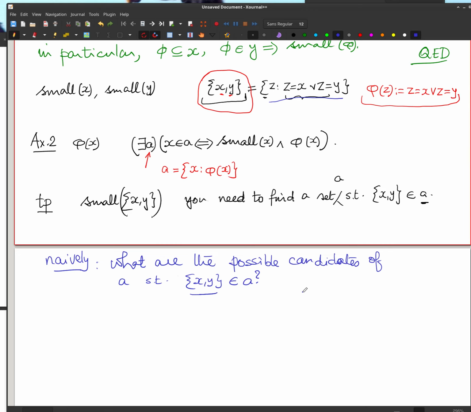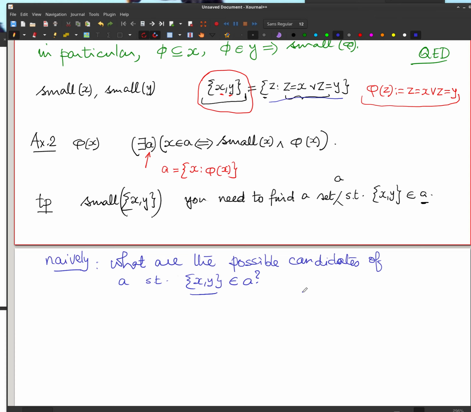What else? How much are we given in terms of our starting point? Even if we are thinking naively, are we allowed to take unions? Yes. Consider the singleton x, also consider the singleton y, and then take their union.